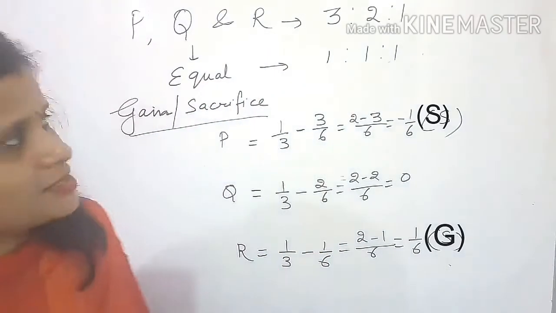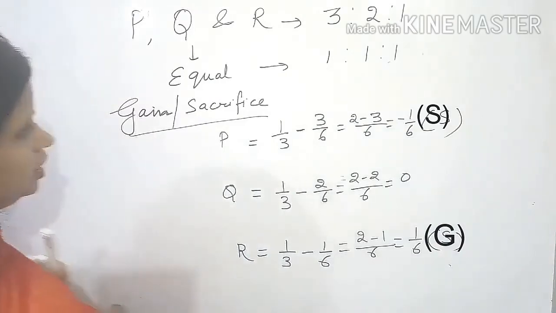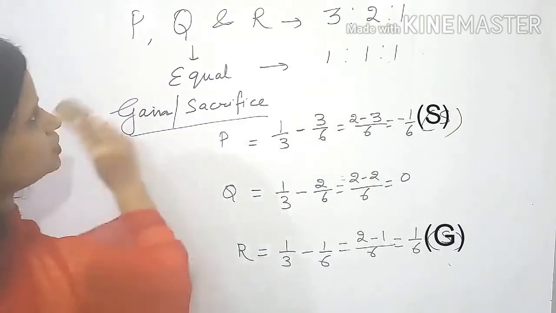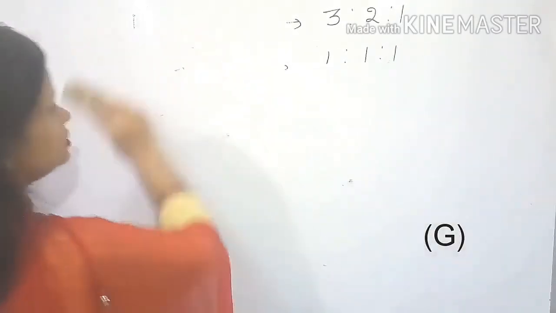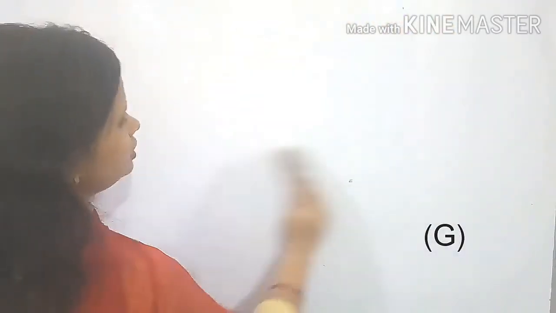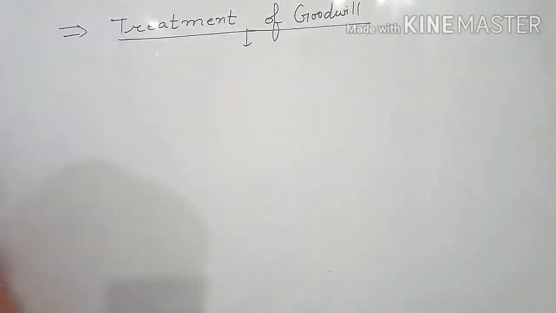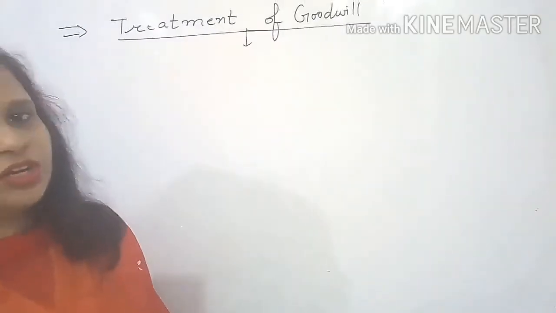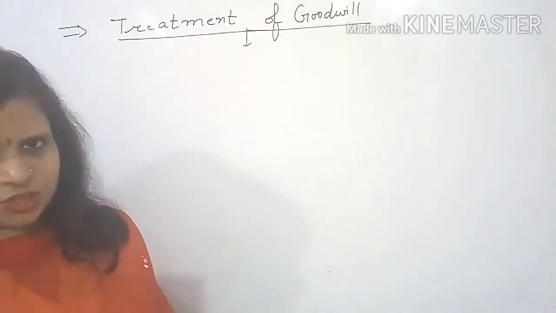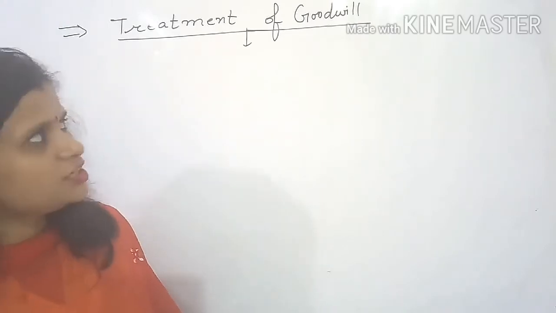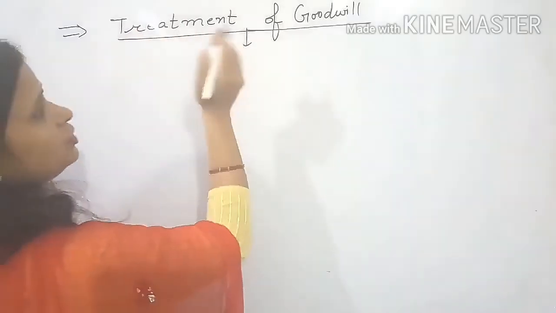Now, we will do the second step. Is the step clear to all of you? Now, let us proceed to the next step, the treatment of goodwill. It is one of the special aspects that is to be treated when there is any change in terms of partnership. How will the goodwill be treated?